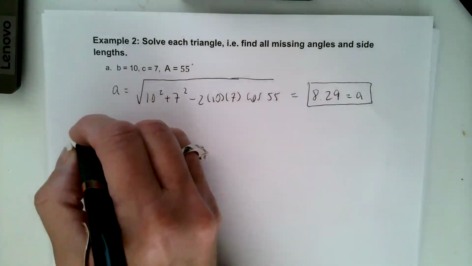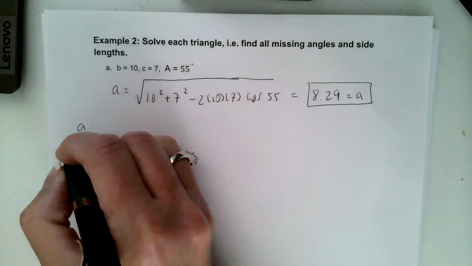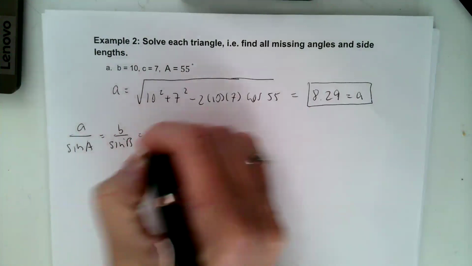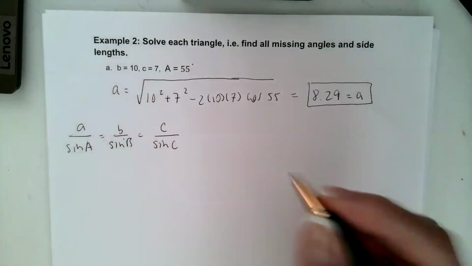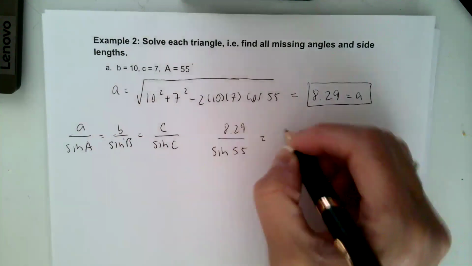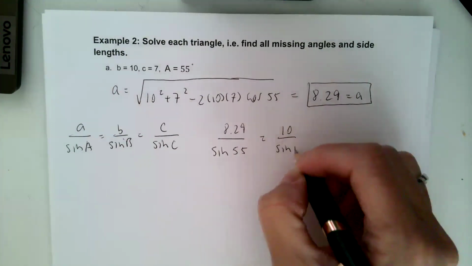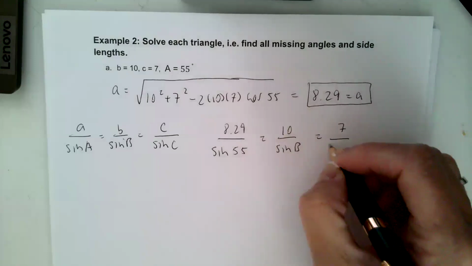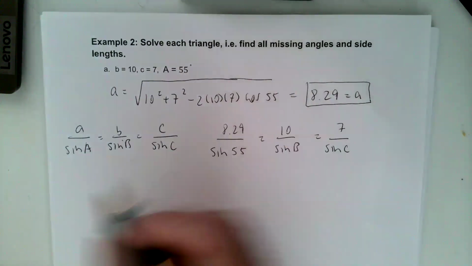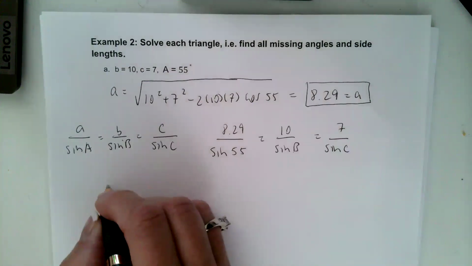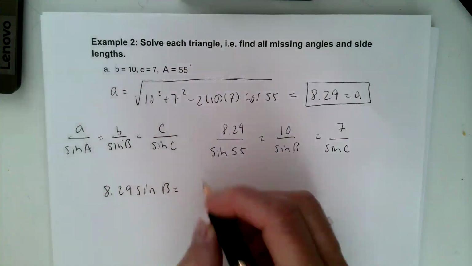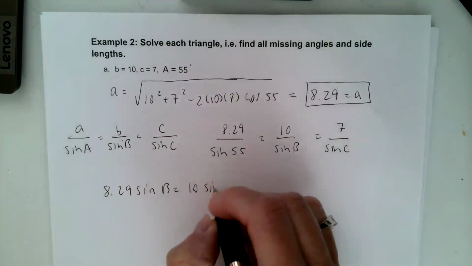Remember, law of sines is A over the sine of A equals B over the sine of B equals C over the sine of C. And we know 8.29 over the sine of 55 will equal 10 over the sine of B and 7 over the sine of C. So to find angle B, we know that 8.29 times the sine of angle B equals 10 times the sine of 55.